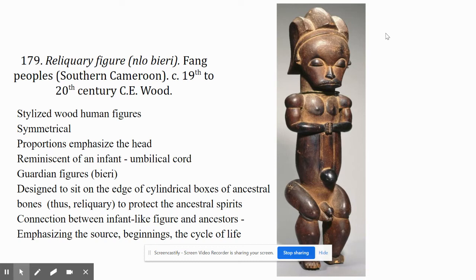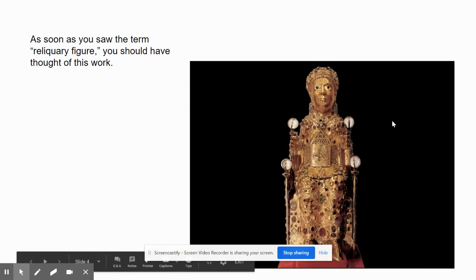There's something suggestive here about the cycle of life, right? Beginnings and endings. Because we do have this large head, which maybe suggests great wisdom or great knowledge. So there's this nice bringing together of both the beginning of life and the end of life with what these figures are involved in.